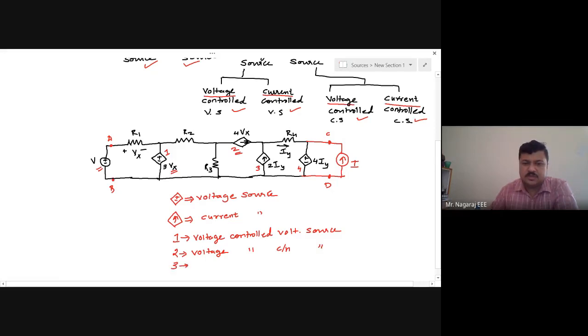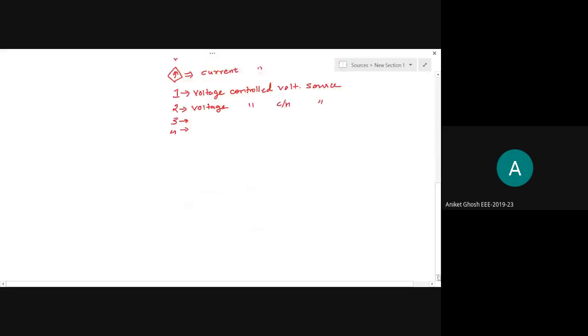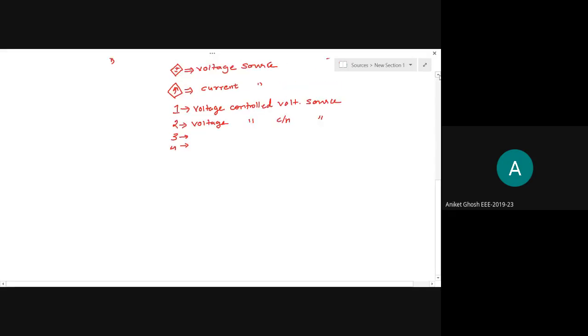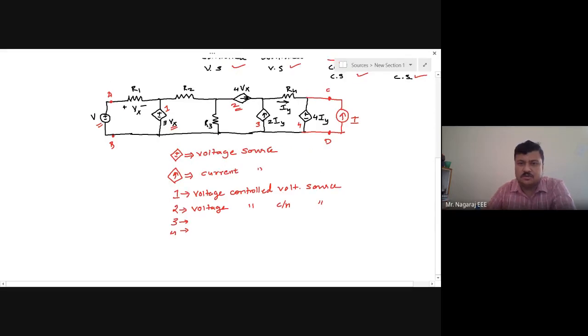Can you tell me what 3 and 4 are? Current controlled current source. Yes. So dependent source 3 has an arrow mark inside it, so it is evident it is a current source. The controlling parameter is current. It is IY, which is the current through R4.